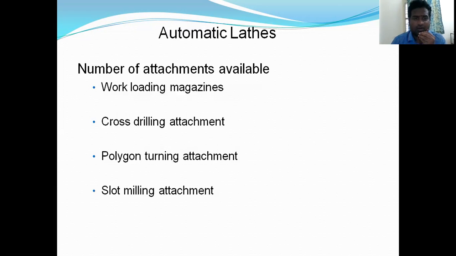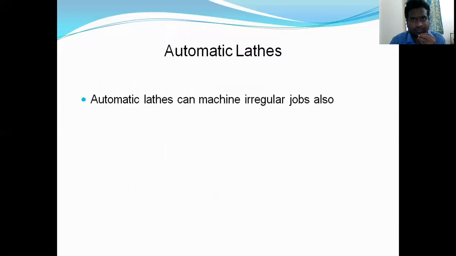So we can also call these features of the automatic lathes: work loading magazines, cross drilling attachment, polygon turning attachment, slot milling attachments. Automatic lathes can machine irregular jobs also.